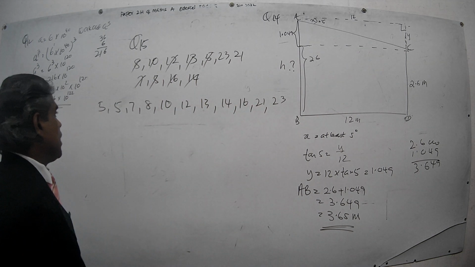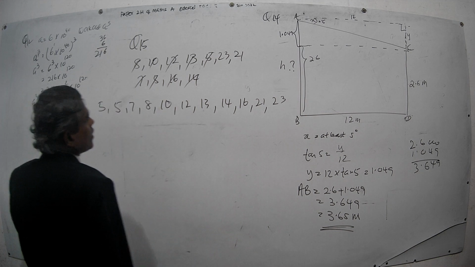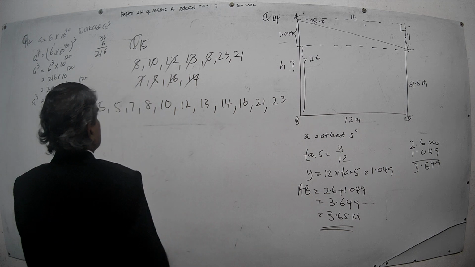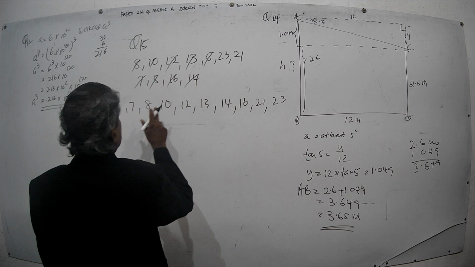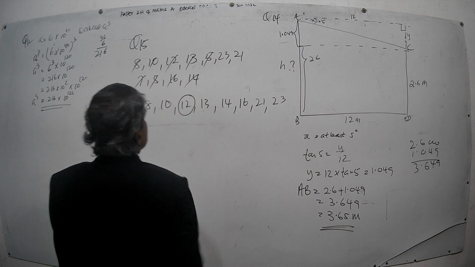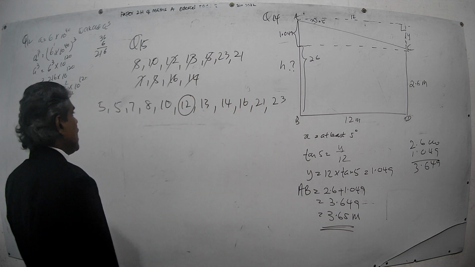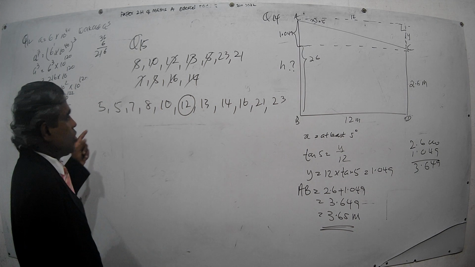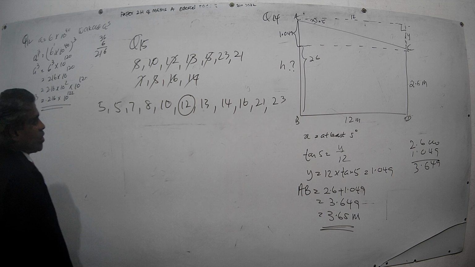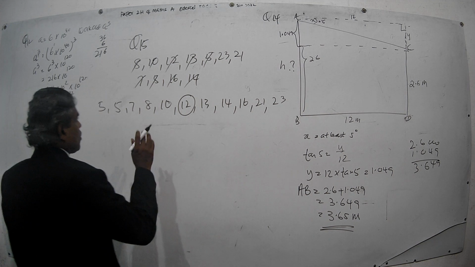Then you want to find the interquartile range. To find the first quartile, first of all, you divide this into two halves. There are 5 values on each side, and this will be the middle value. Now we divided this into two halves.